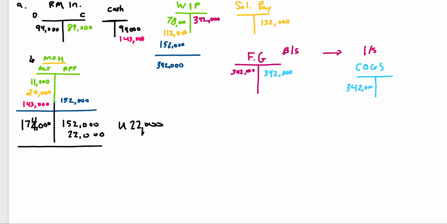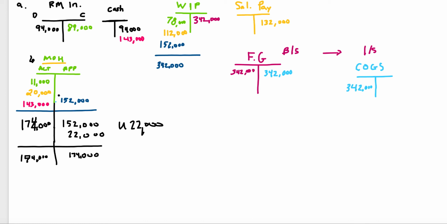That means now that the balance in this overhead account is zero, meaning it was $174,000 worth of debits, and now it's $174,000 worth of credits. Okay, so this account is even.